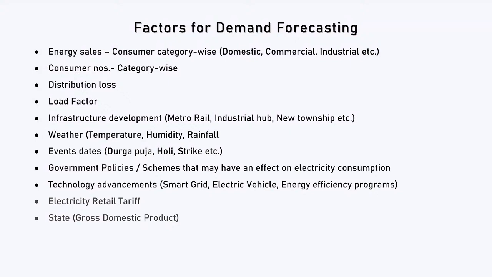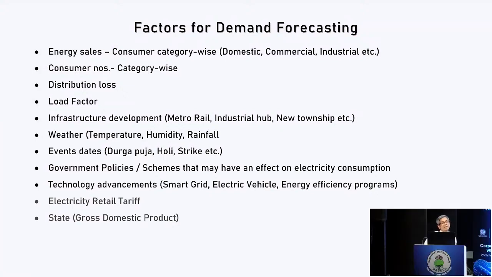Then government policies, technology advancements like smart grid, electric vehicle, we expect a change in demand pattern with a lot of electric vehicles in the system. Then any other energy efficiency program.